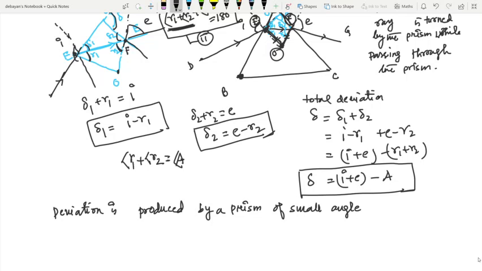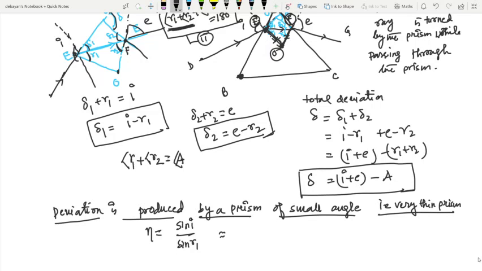And since we know the angle of incidence is I and the angle of emergence is E, and of course since sin I is near about I and sin R1 is near about R1, you can write I by R1, or you can write I equals n R1. That we can write: angle I equals n into R1.